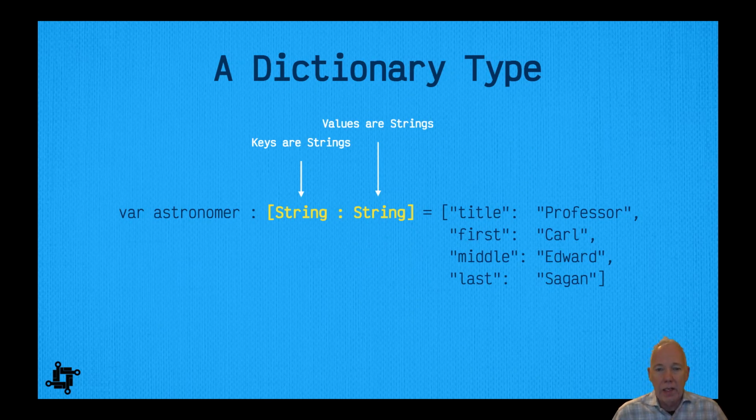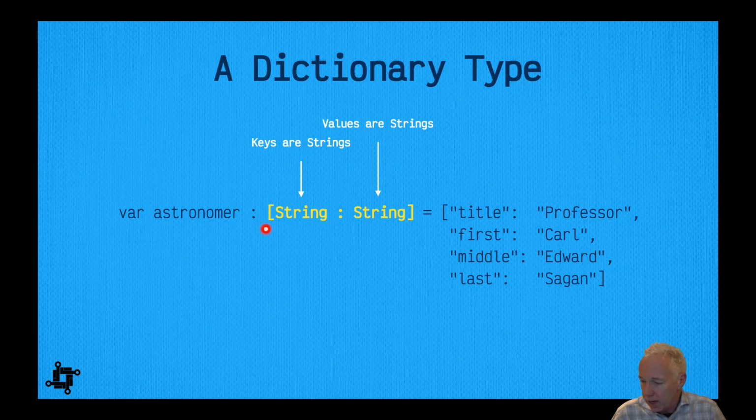So how we declare a dictionary in the formal sense is we say var astronomer, in this case the variable name, colon, and then we give it the description of what the dictionary's keys and value types will be. So it looks like an array, but the reason it's not an array, it's a dictionary, is because we have the colon in between these two things.